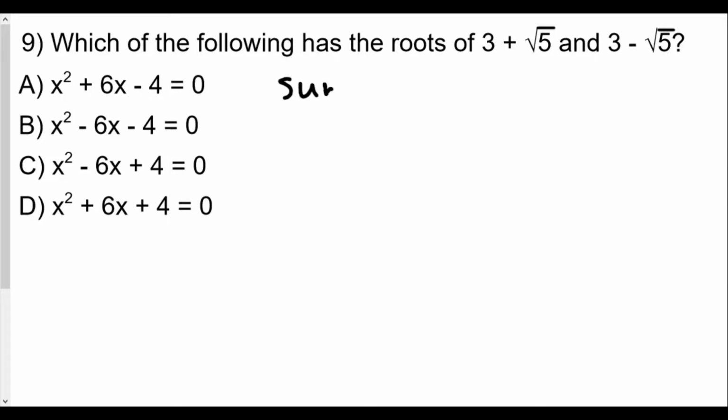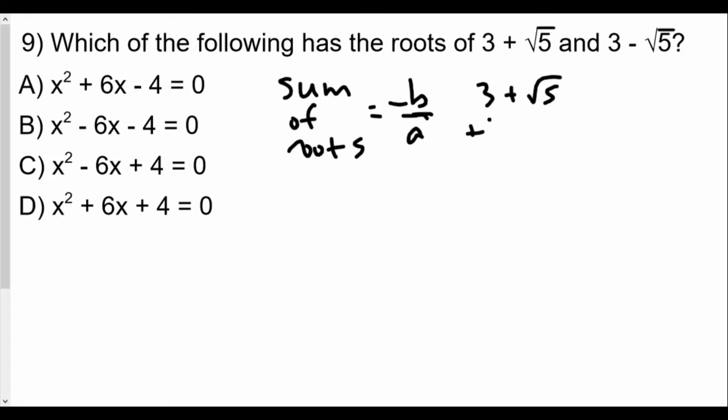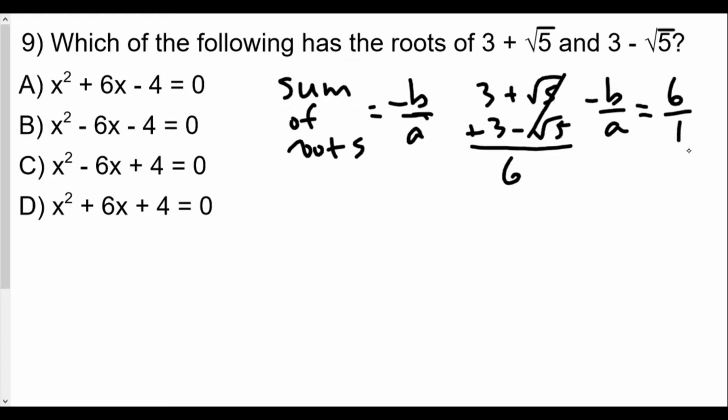So the sum of the roots, which is negative b over a, please make sure you memorize that formula, is just 3 plus square root of 5 plus 3 minus square root of 5, which is just going to be 6 because these cancel out. So negative b over a equals 6 over 1. Any integer, as a fraction, is that number over 1.